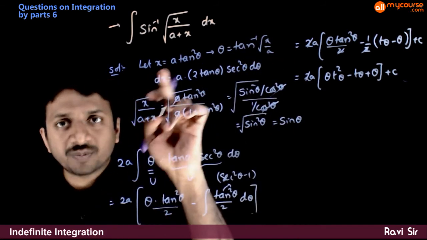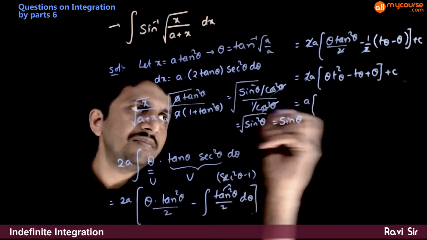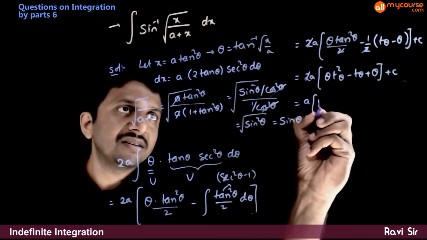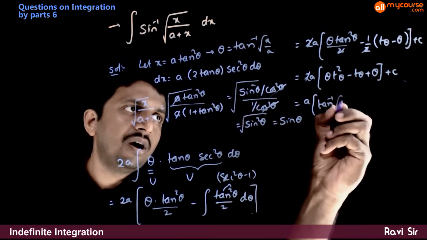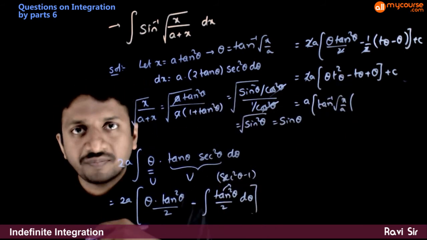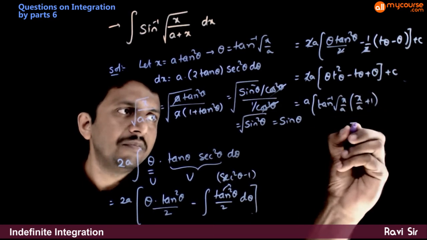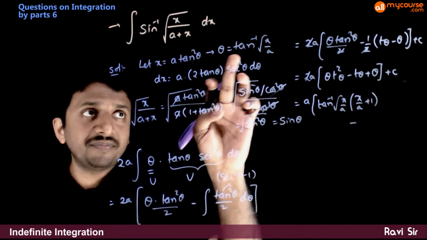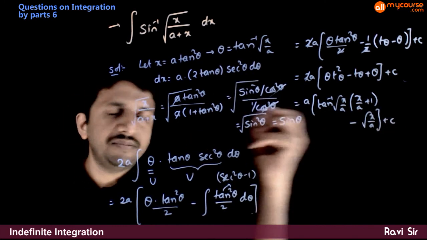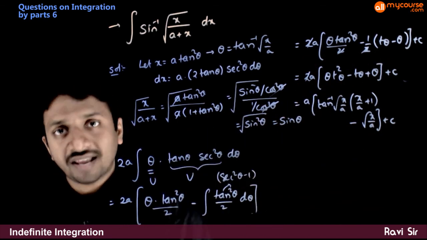So that is equal to a times, theta is common, so theta is tan inverse of root x by a, times tan square theta plus 1, that is x by a plus 1, minus tan theta. Tan theta is root x by a, plus a constant. So thus we have done the back substitution. This will be the final answer to this question.